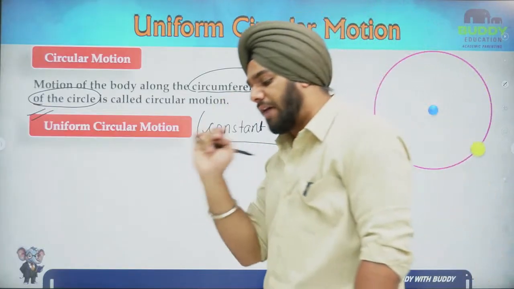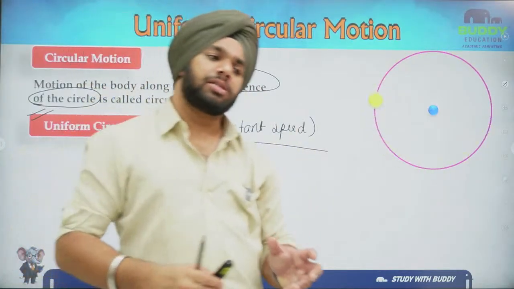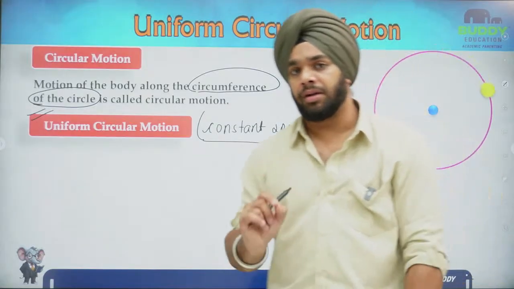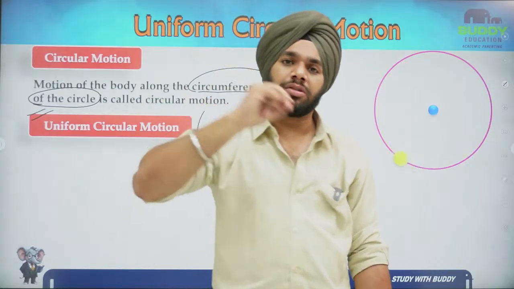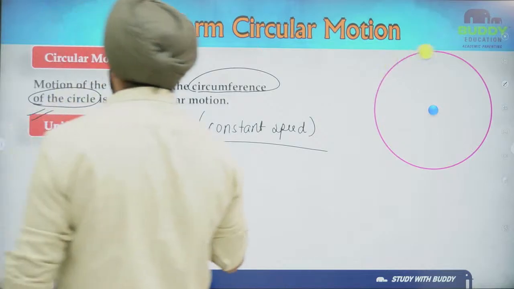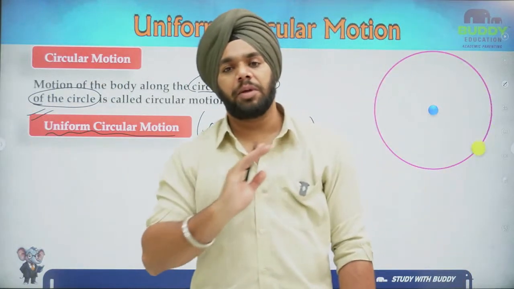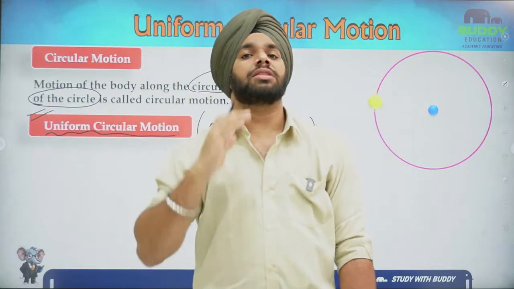So you have to memorize this. I'm brainstorming this point to you so that you remember that yes, it can be constant speed when it comes to uniform circular motion, but it can never be constant velocity. Got my point? It will never be constant velocity, because velocity is continuously changing.